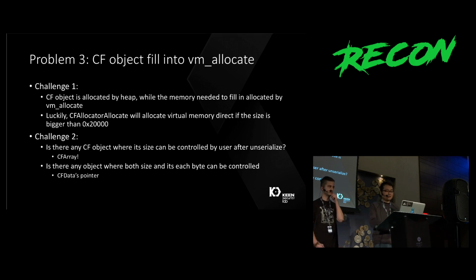Also, we need an Objective-C object which can fill in the freed CF object, where every byte is controlled. We found a candidate, which is CF data. If the CF data is very large, then its header and its real memory are separate, so you can make a CF data's pointer with every byte user-controlled.